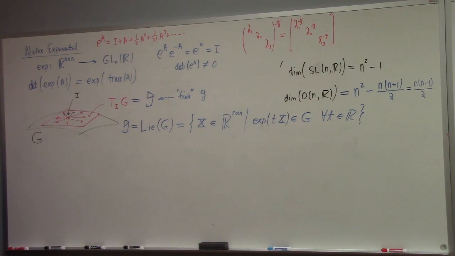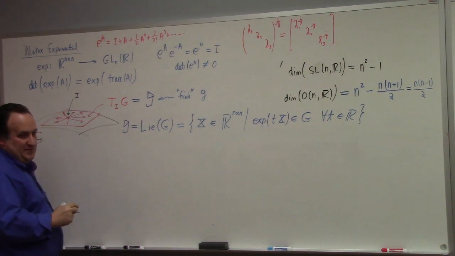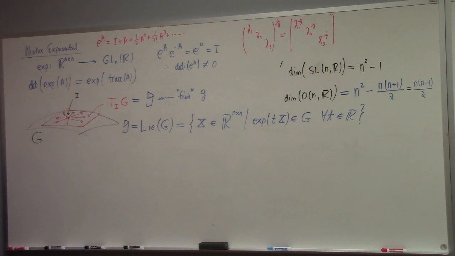Now Wikipedia claims that you can show that this is a vector space. Well, from the construction, it makes perfect sense that a tangent space to a point can be considered a vector space.